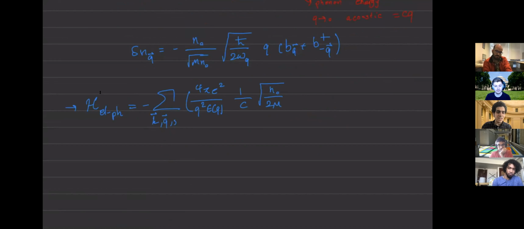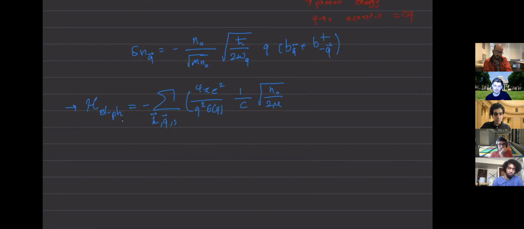So M and n naught: n naught is the average density that I had, and M is the charge of each one of those positive charges. This is not very important to us, because at the end, we will put all the constants together and call them the deformation potential or whatever.